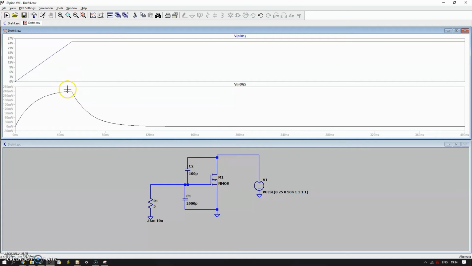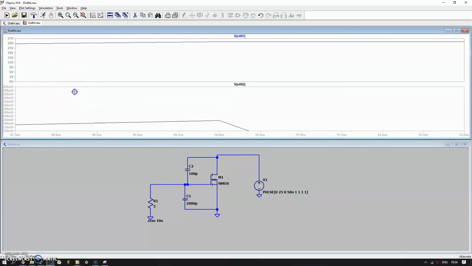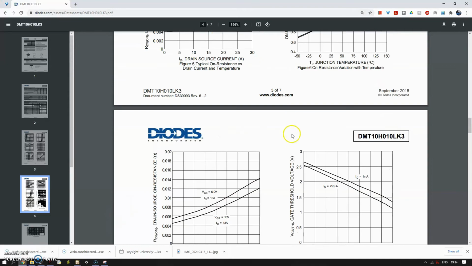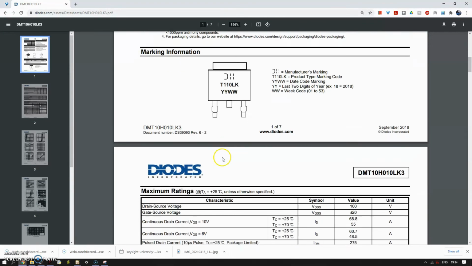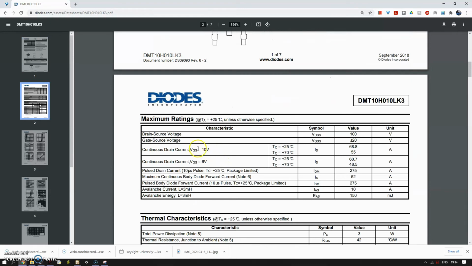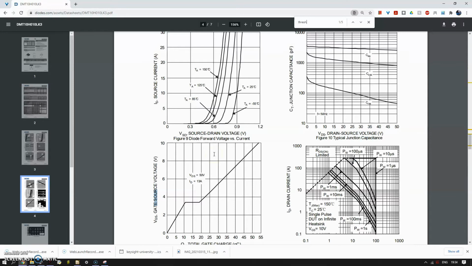So we can see it gets to about 0.25 volts. That's not enough to turn the FET on. We want its voltage threshold, so let's see if we can find that.